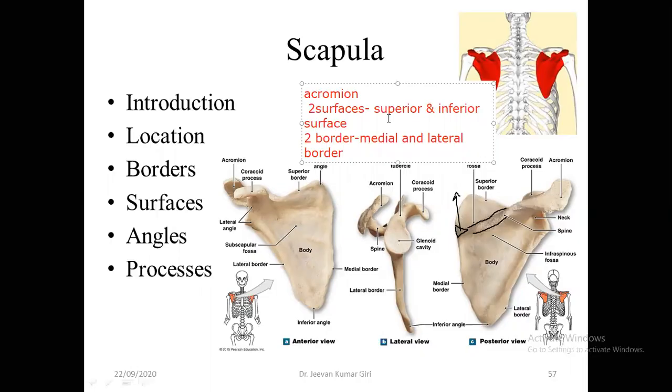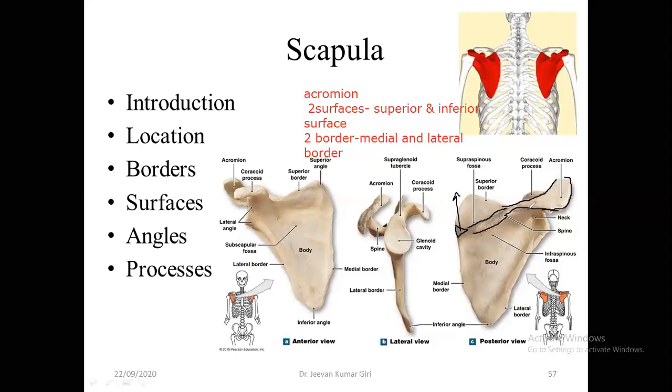Now see here, the two borders. Can you see this border? Yes, sir. So this is the lateral border only, and this is the medial border. The medial border continues with the upper lip of the crest of the spine, whereas the lateral border continues with the lower lip of the crest of the spine.